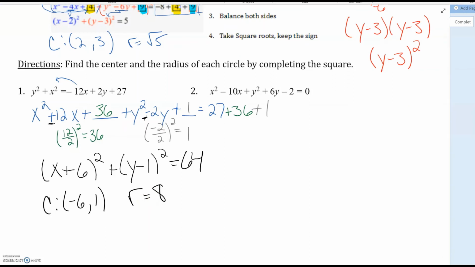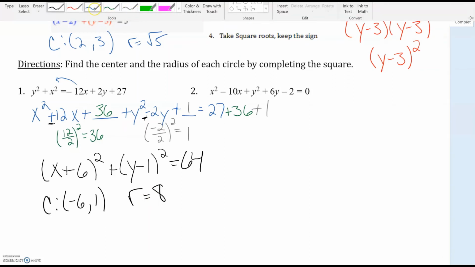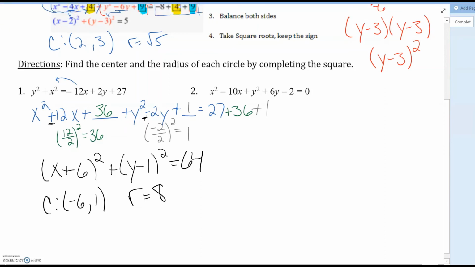Okay, for the second one over here, I know I kind of ran out of space. I'm still going to have my x's and my y's on the left side: x squared minus 10x plus something plus y squared plus 6y plus something equals, I'm going to bring this 2 over, 2.